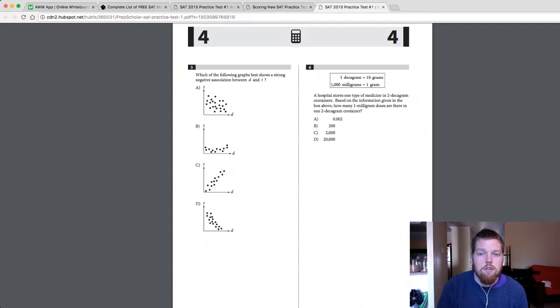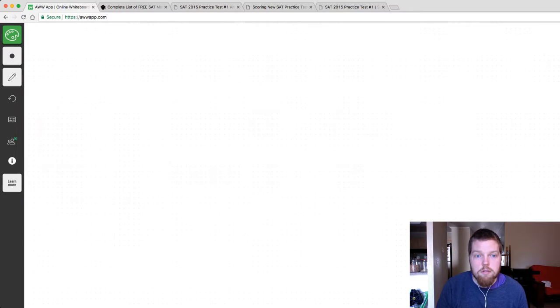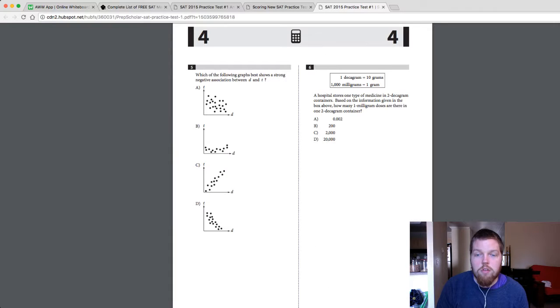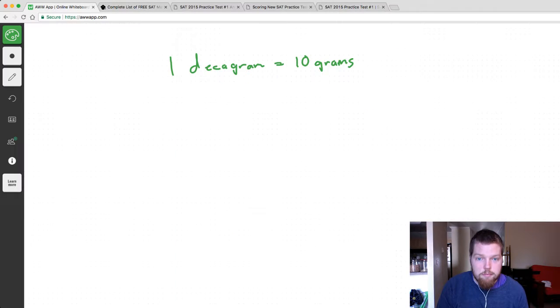They give us 1 decagram is 10 grams. And 1,000 milligrams is 1 gram.